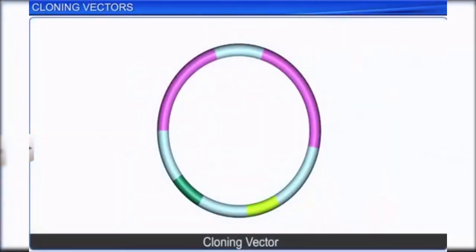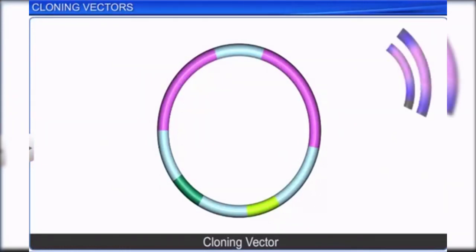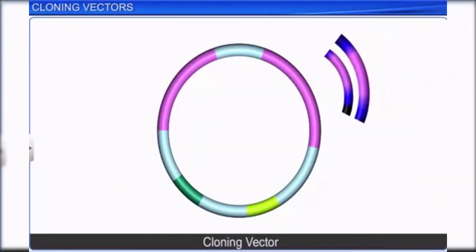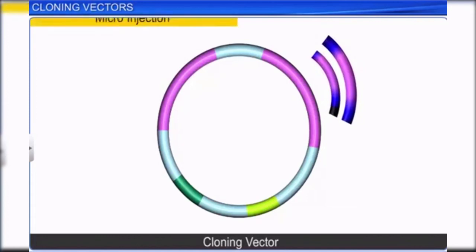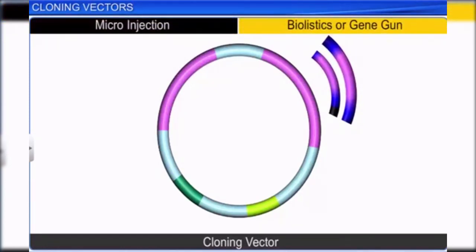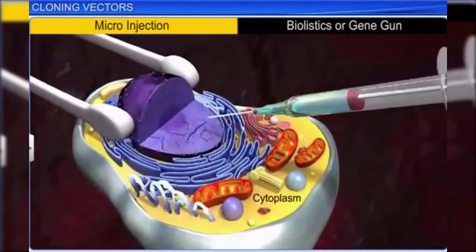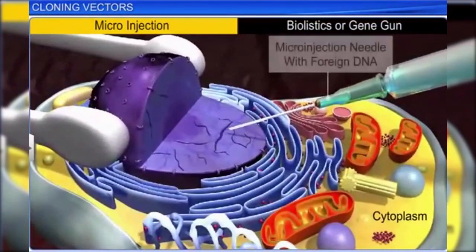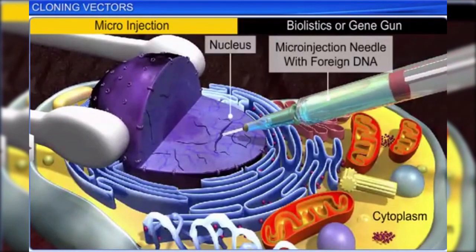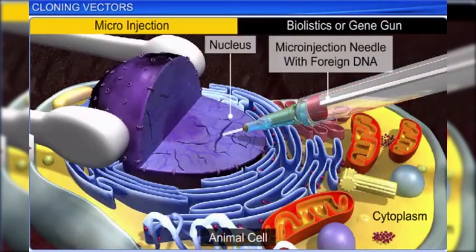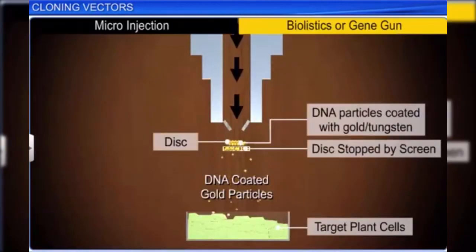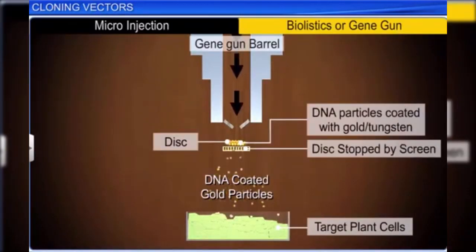Apart from cloning vectors, foreign DNA fragments can also be introduced into host cells using methods such as microinjection and biolistics or a gene gun. The microinjection method involves the direct injection of recombinant DNA into the nucleus of an animal cell. While in the biolistics or gene gun method, plant cells are bombarded with high-velocity microparticles of gold or tungsten coated with DNA.